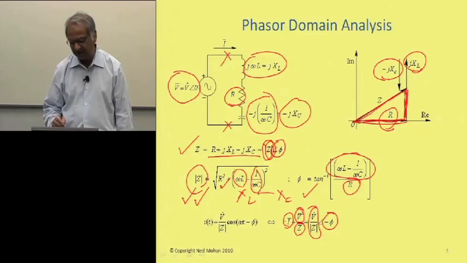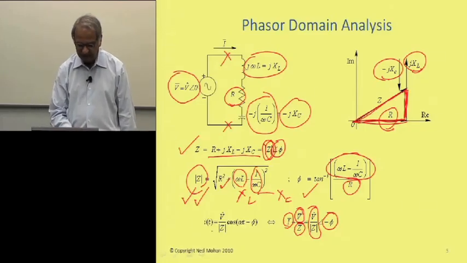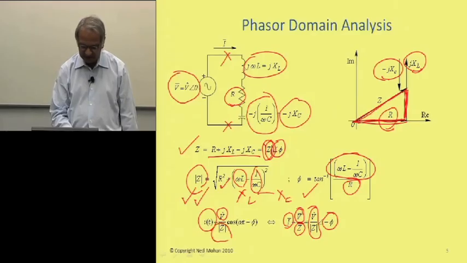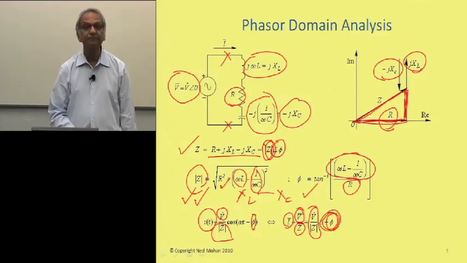So that's the current in phasor domain, and its meaning in time domain is this amplitude of the voltage, V hat, divided by the magnitude of the impedance times cosine of omega t minus phi. So minus phi comes from this angle over here, right?